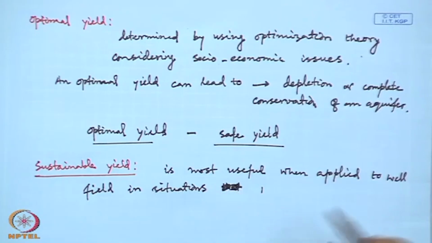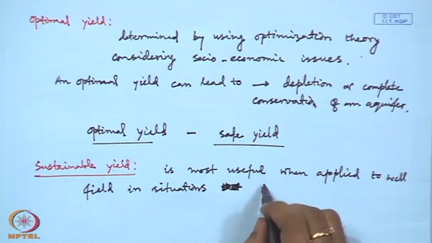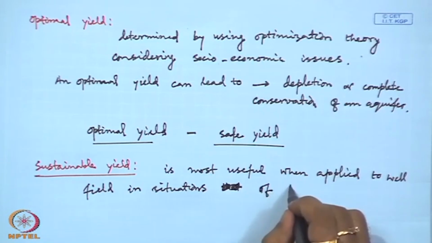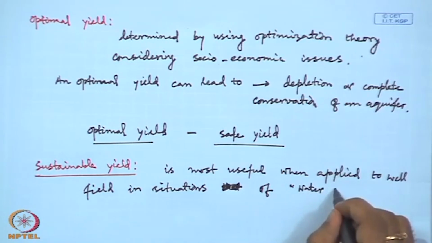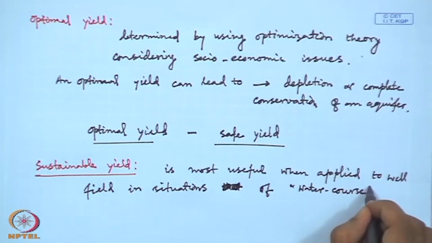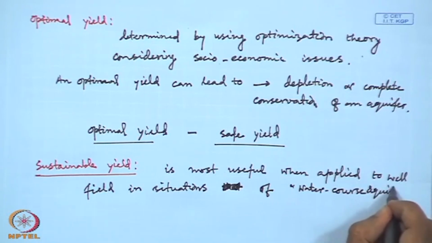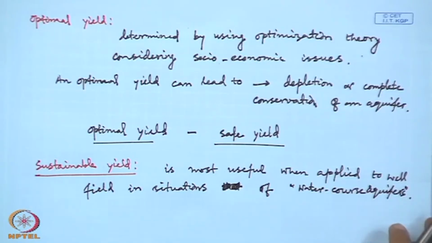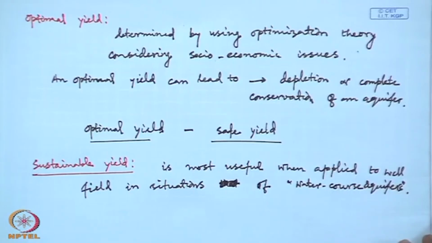So, in field situations of water course aquifers, such an aquifer generally underlies the floodplain of major river system and is in hydraulic contact with the water in rivers.